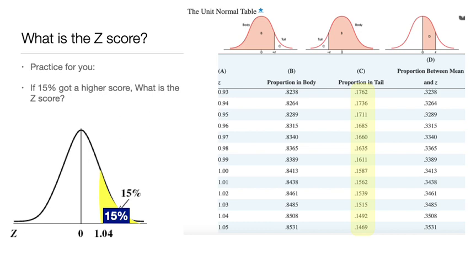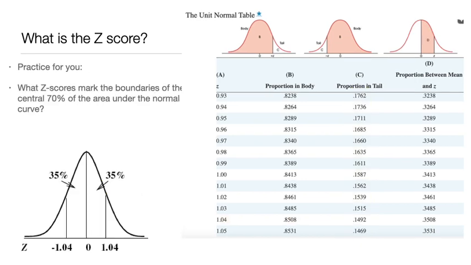By drawing this out, I know I'm going to want a positive z-score here, right? So 15% in the tail. I have several values that are close, but the closest is this 0.1492. It's slightly closer than that 0.1515. So this will be my value, and my z-score will be a positive 1.04, I apologize.